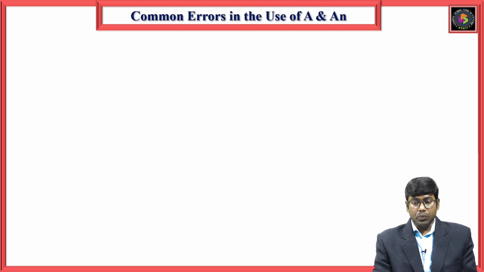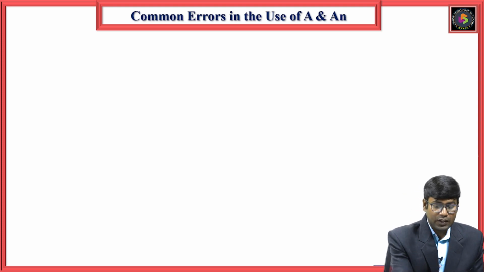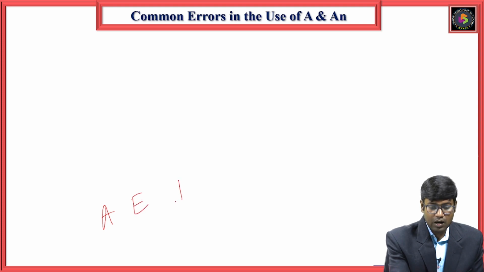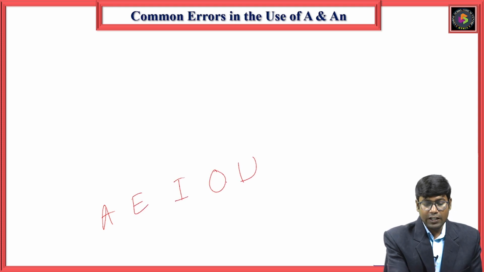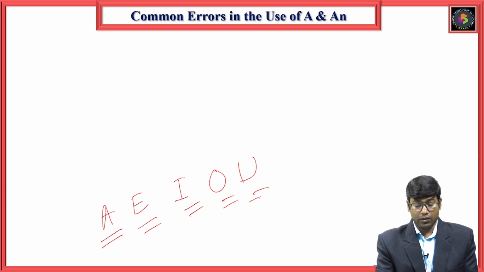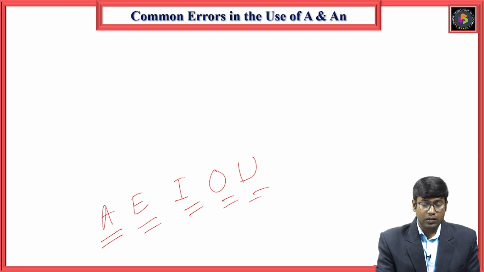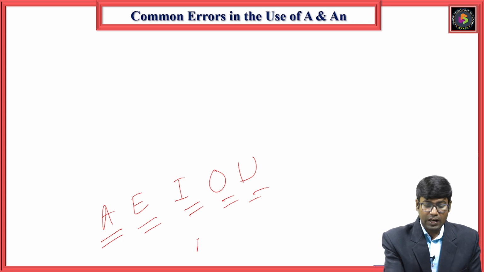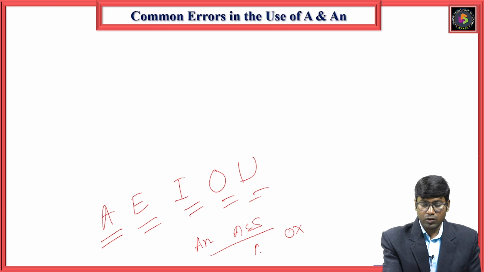So in general, what people understand is, if a word starts with these five letters, a, e, i, o, u, then the initial letter is a vowel, and students use an before that, such as an ass, or an ox, like this.